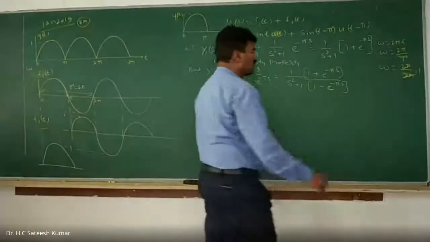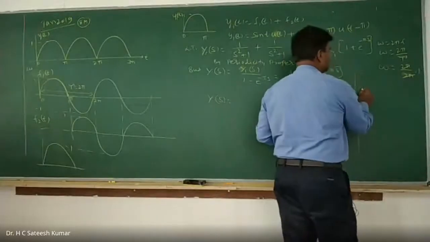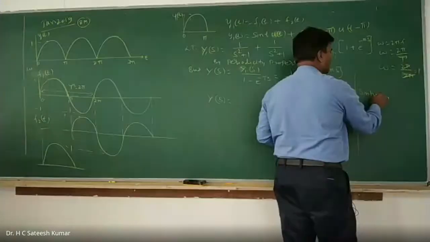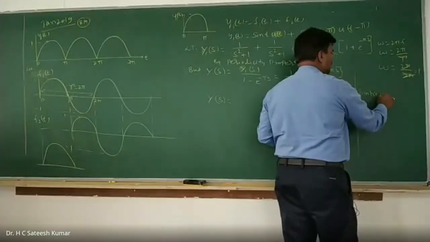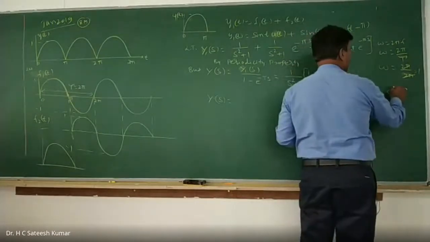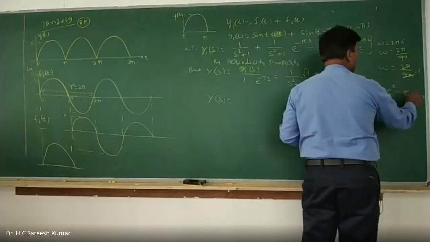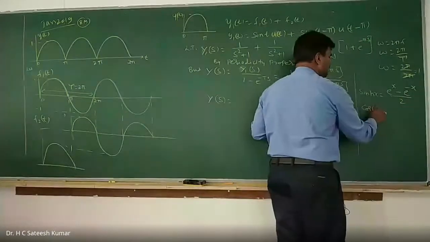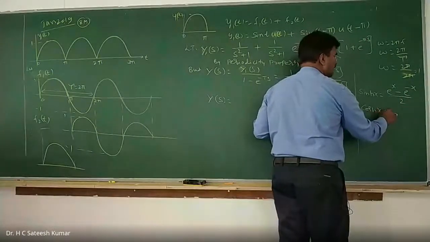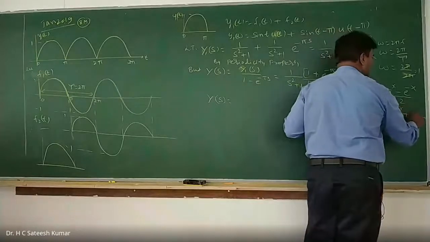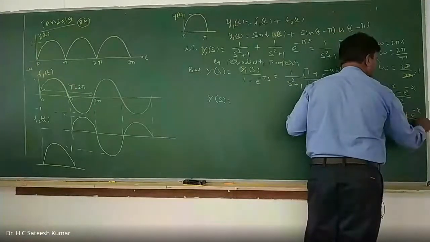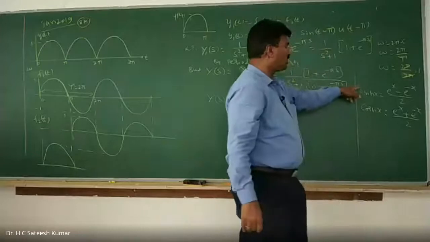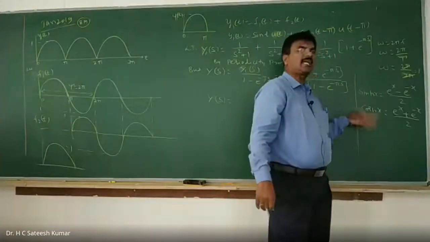Because we all know that sinh x is equal to e to the power of x minus e to the power of minus x divided by 2. Cosh x is equal to e to the power of x plus e to the power of minus x divided by 2. Sinh x divided by cosh x is tanh x.